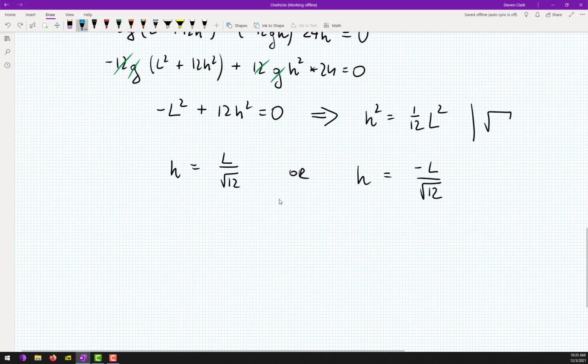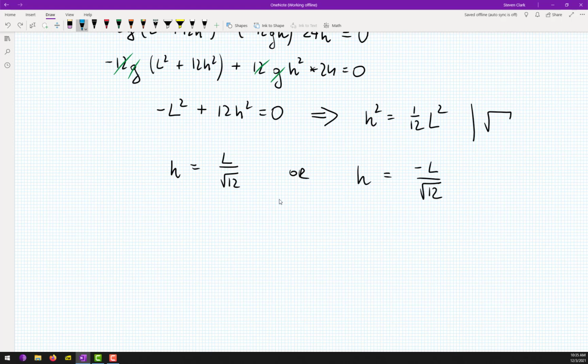So as you can see, guys, h is not equal to L half. Because if h is equal to L half, that means that it will be at the end. So h is equal to L divided by square root of 12. Okay, let us find the maximum acceleration, and then we can think why it's not the end.